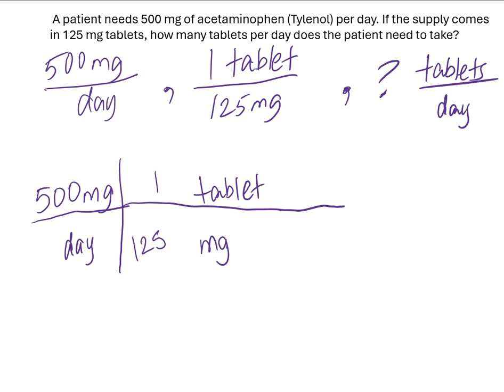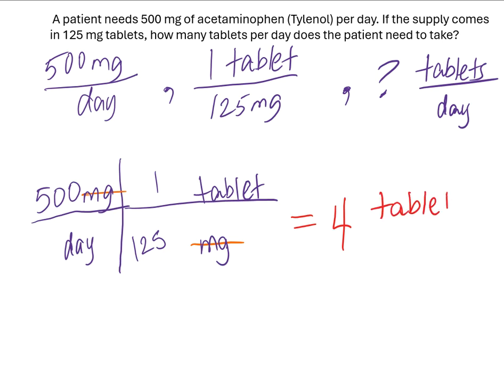If you're keeping track of your units, our milligrams will cancel, leaving us with tablets per day, which is what the problem asked us for. You were asked to calculate how many tablets per day. Because I've already converted to the units that I need and gotten rid of the ones I didn't need, I simply put in my calculator 500 divided by 125. And what that tells me is that this patient needs to receive 4 tablets per day.